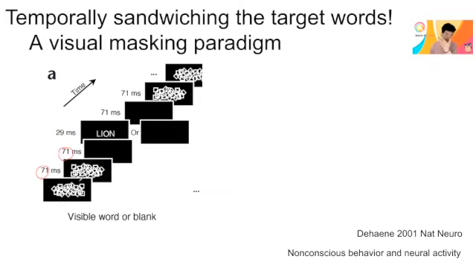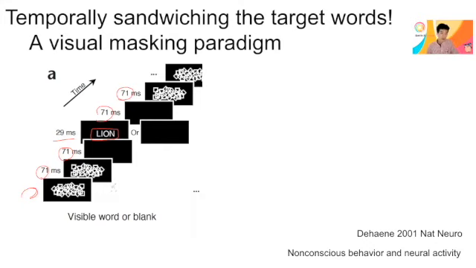Initially this stimulus is presented for about 70 milliseconds, then a blank follows for 71 milliseconds, and right after that they show a word like lion, in all capital letters, for 29 milliseconds, or nothing for 29 milliseconds, followed by another blank of 71 milliseconds, and then another jumble of the mask.